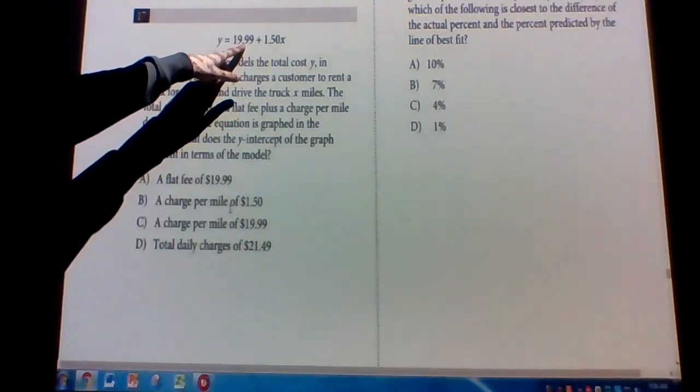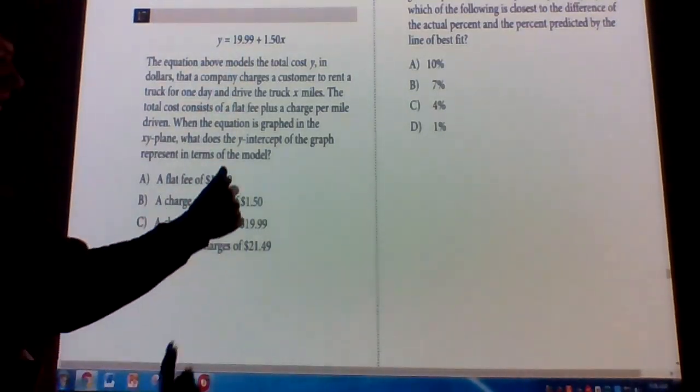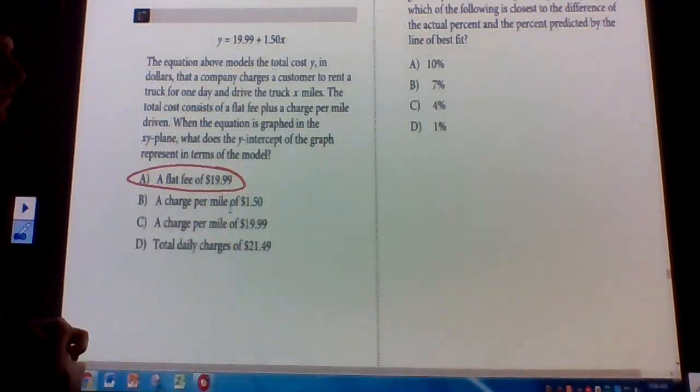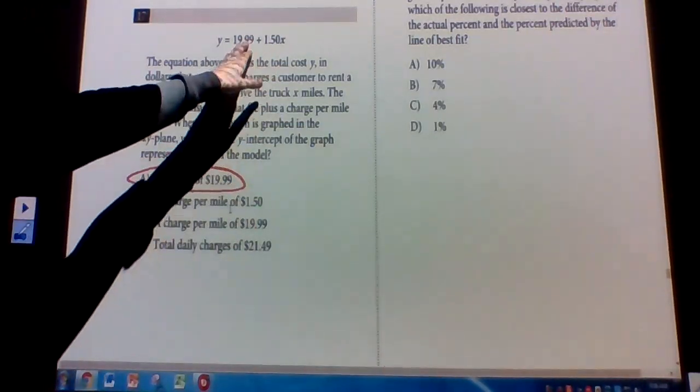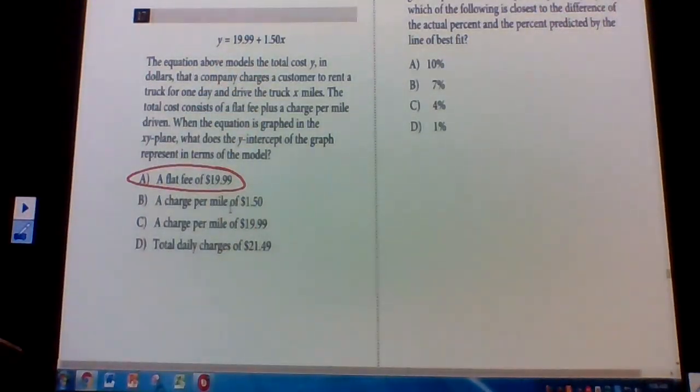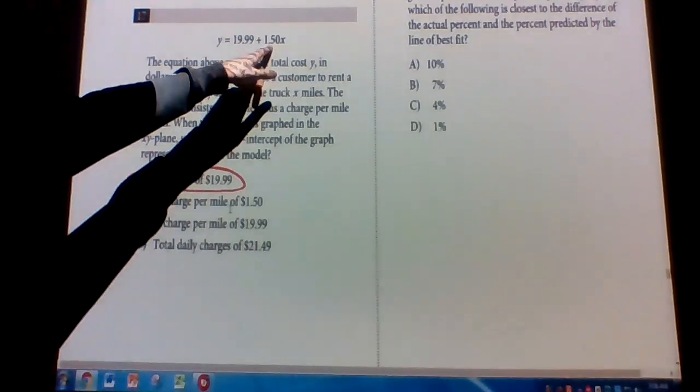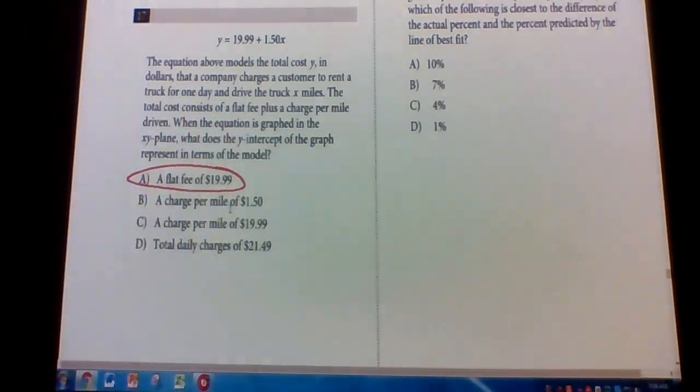Well, the y-intercept is $19.99, so it represents a flat fee, right? The slope represents a rate. The y-intercept represents a flat fee or a starting point or an initial value or something like that. Yep, so it's definitely A, the flat fee. And that's your rate. We're being charged $19.99 no matter what, and then $1.50 per mile.